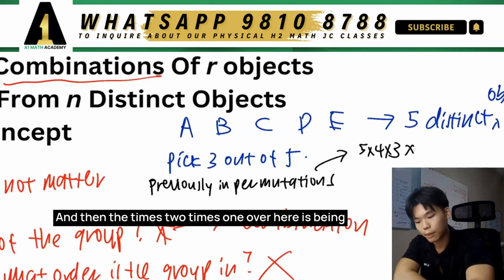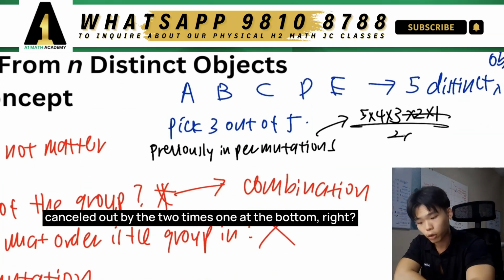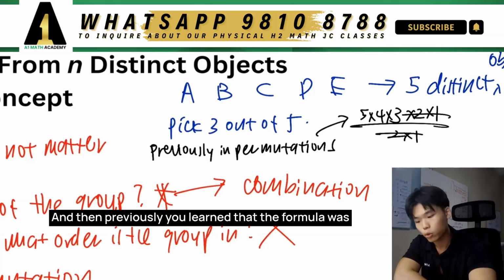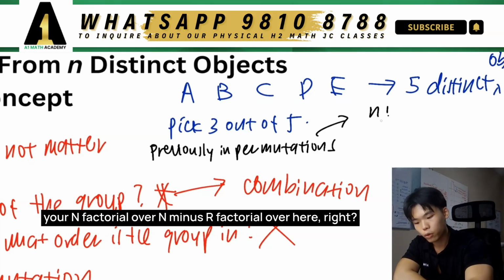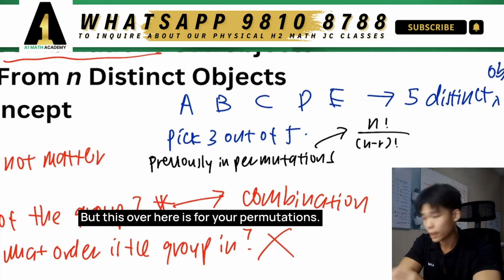And then the times 2 times 1 over here is cancelled out by the 2 times 1 at the bottom. Previously you learned that the formula was n factorial over n minus r factorial. But this over here is for your permutations.